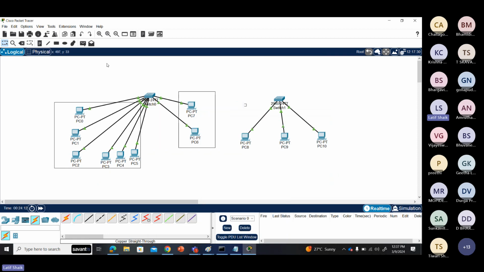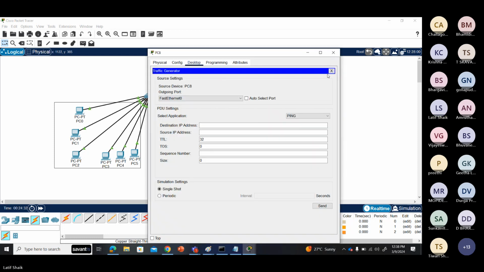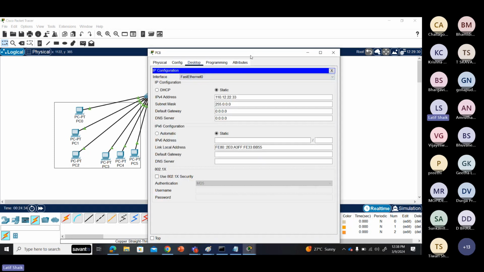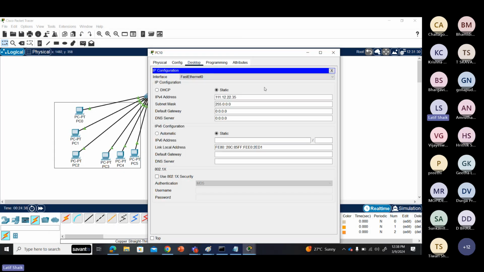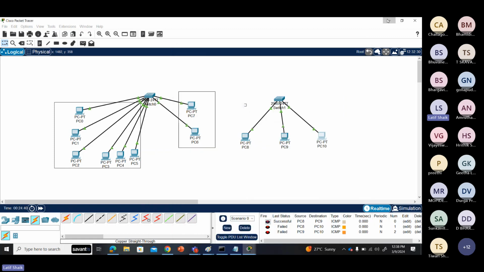I'm testing communication. A packet from here to here: successful. From here to here: failed. From here to here: failed. Why failed? I think you understand why it failed. Network portion is different. Very good.